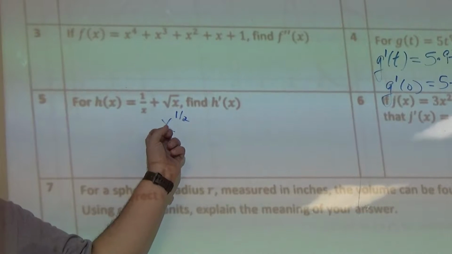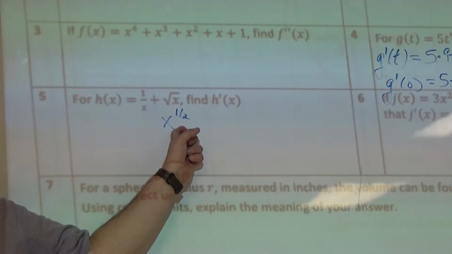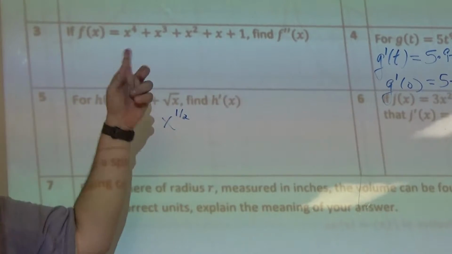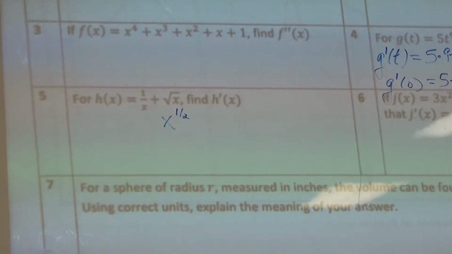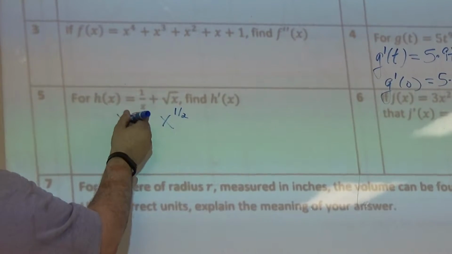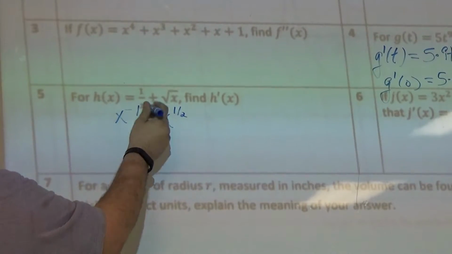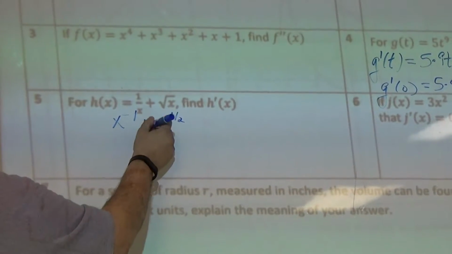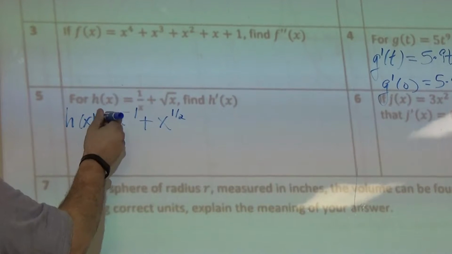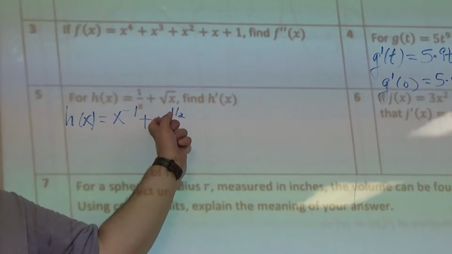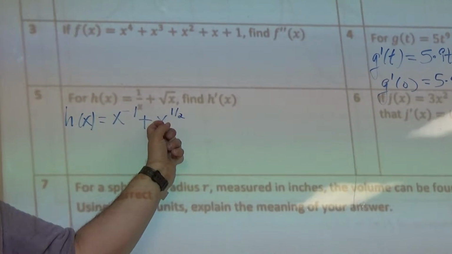That's not the derivative, that's just rewriting it so I can use the power rule. 1 over x can be rewritten as x to the negative 1 power. So this is h. That's just rewriting it so I can use my power rule.